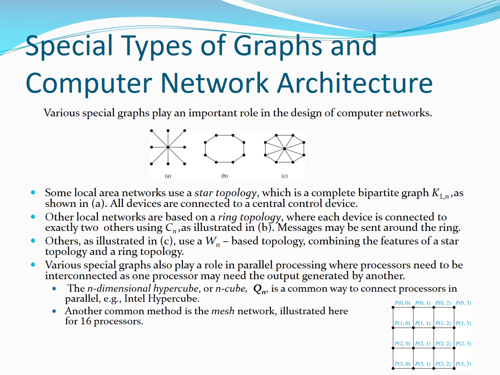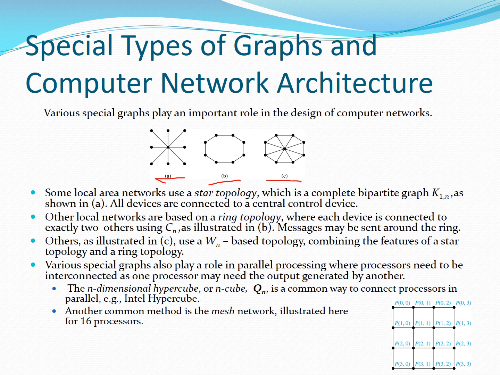All right, so other than the special types of graphs that we have seen so far, there are also other types of graphs which have been modeled particularly for, let's say, computer network architecture. If you take up a course on computer networks later on, you're going to see these kinds of graphs. The first one is called a star topology, the second one is called a ring topology, and the third one is a wheel-based topology that we have already looked at.